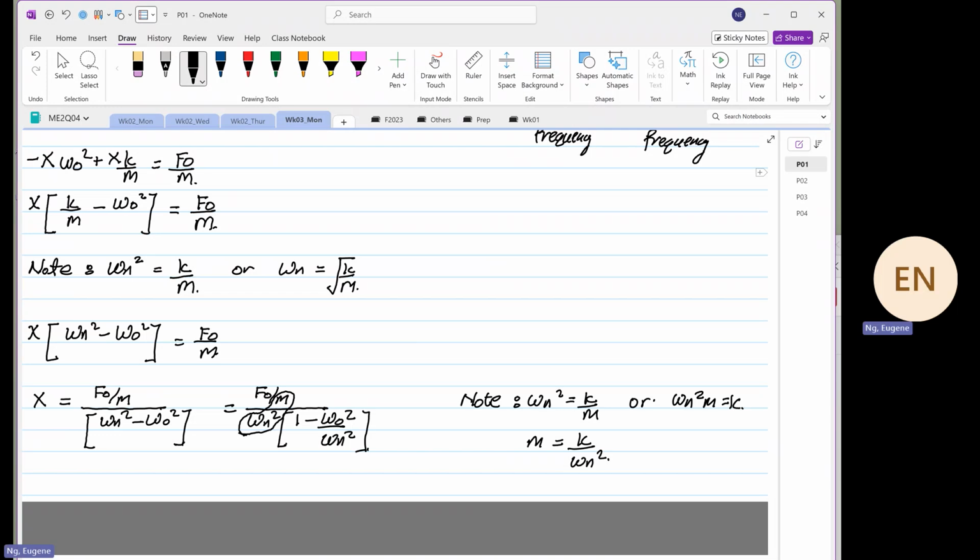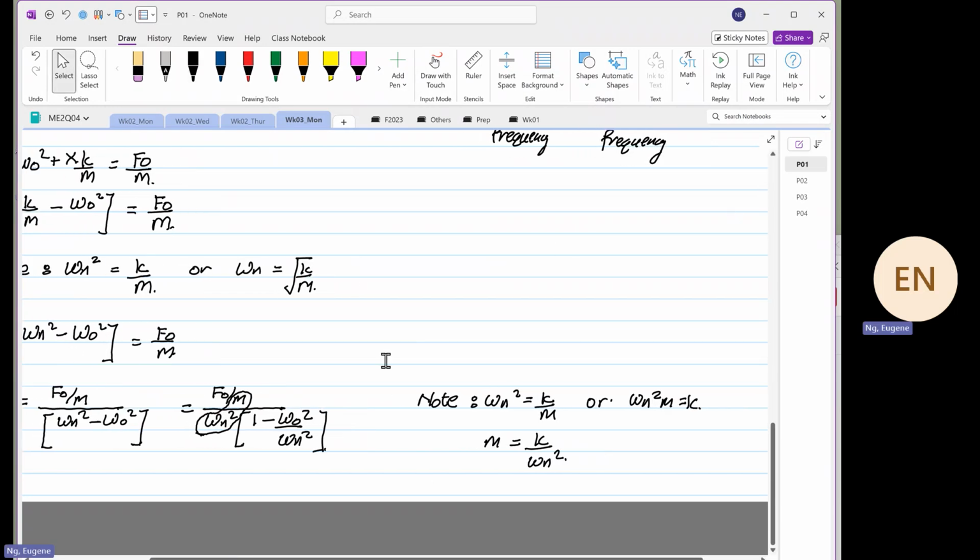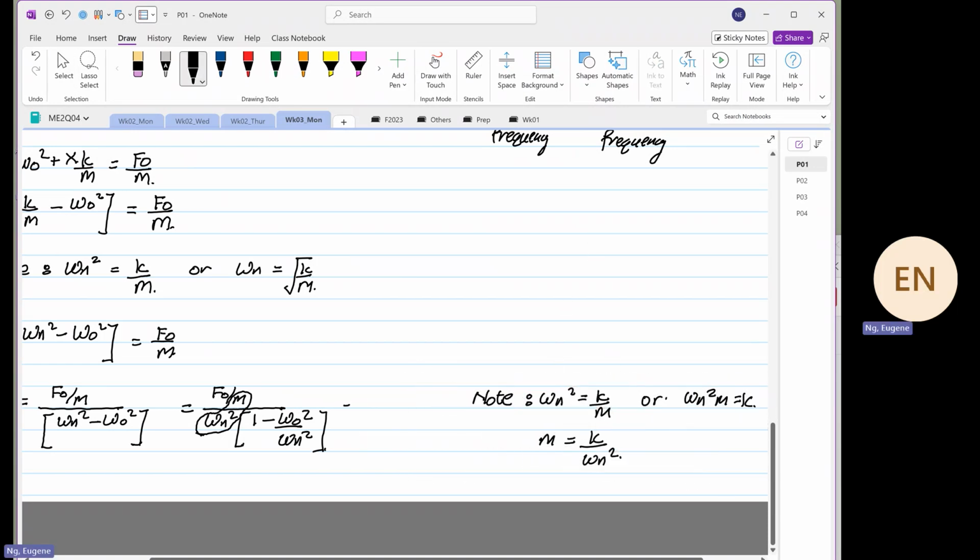So if I were to write one more step over here so as not to confuse any of you, we know that this will be equal to f naught over omega n squared multiplied by m, times 1 minus omega naught squared over omega n squared. And we know that omega n squared multiplied by m is equal to k.